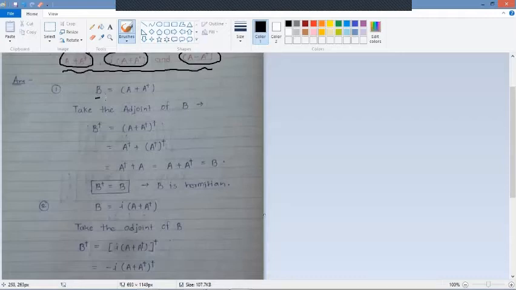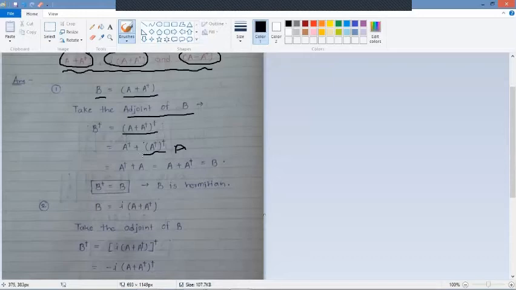I assign this operator as B, and taking the adjoint of B, we have this. So A becomes its conjugate, and taking the conjugate of the conjugate operator, you get back A only.